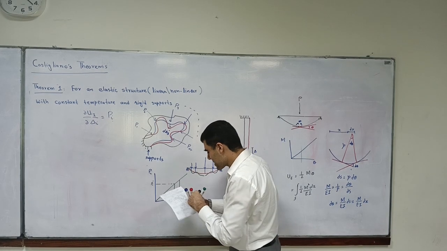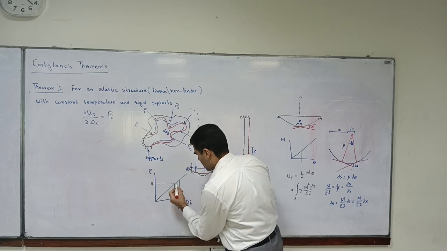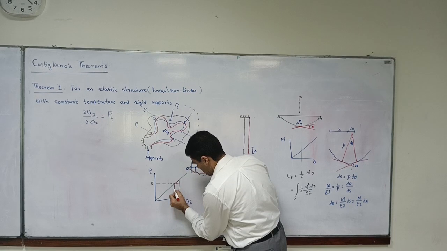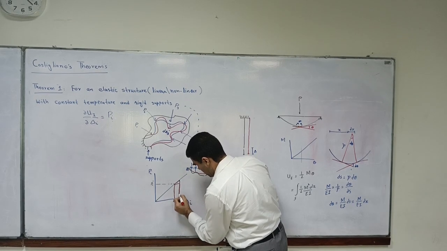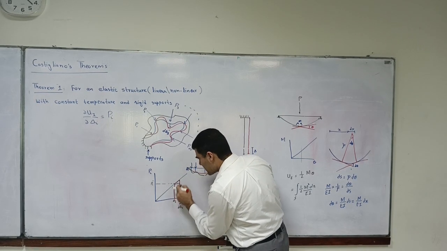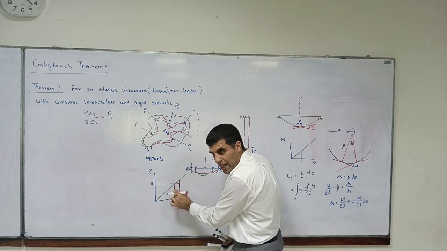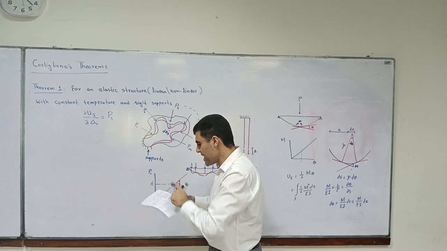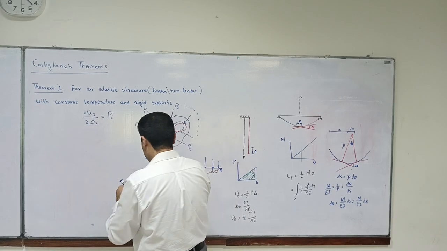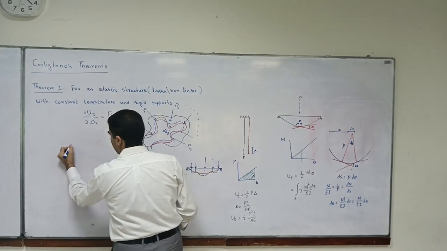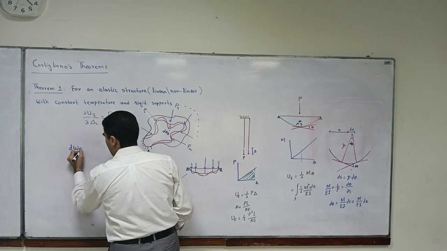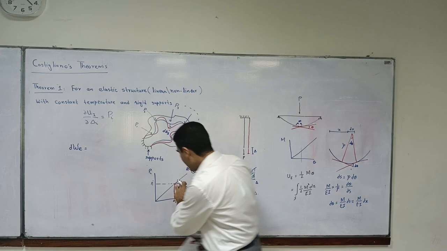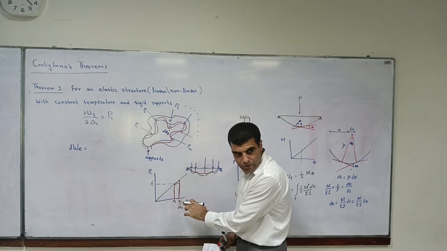So what do I get? I get this increase. So the change in work done, which is dWe, the external work, is equal to the area under this curve I told you.